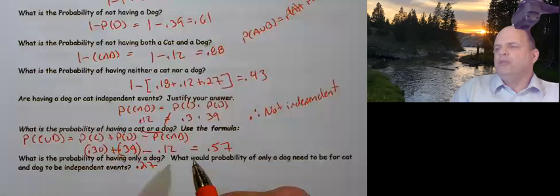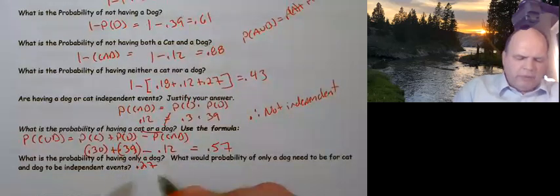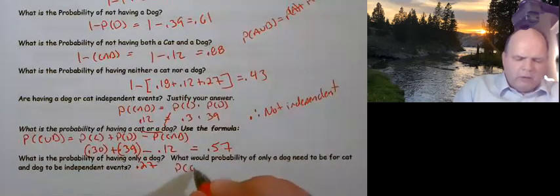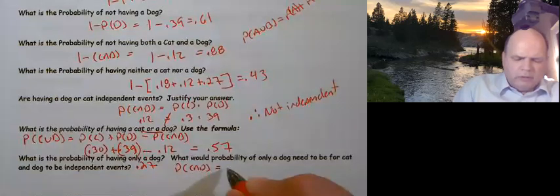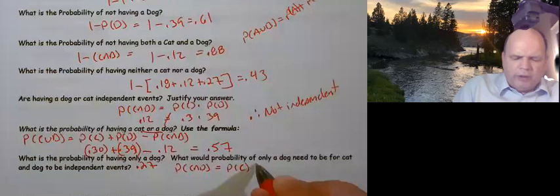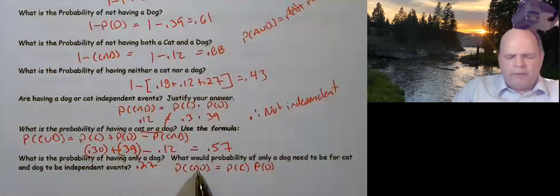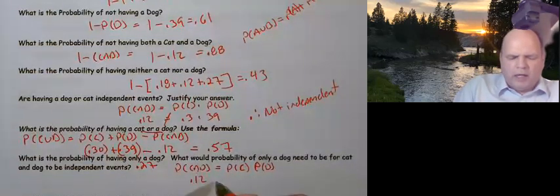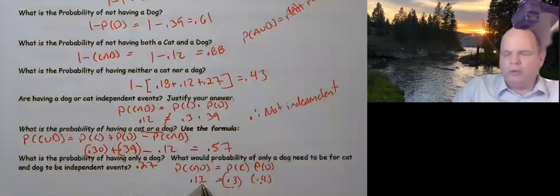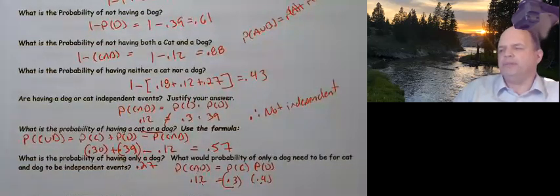Well, since we know that cat and dog is 0.12, and we know if they're independent, so if cat and dog is 0.12, cat is 0.3, then dog would have to be 0.4. Had this been 0.4, 0.4 times 0.3 is 0.12, then they would have been independent.